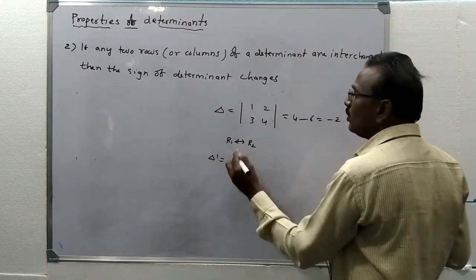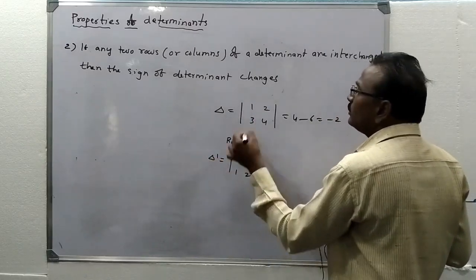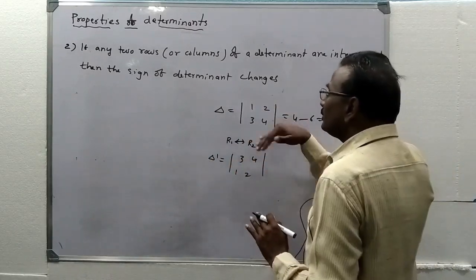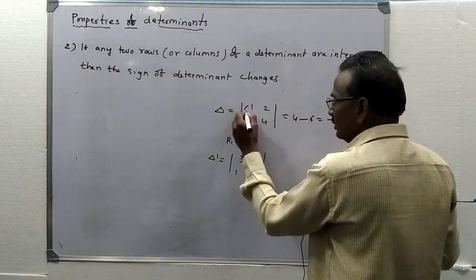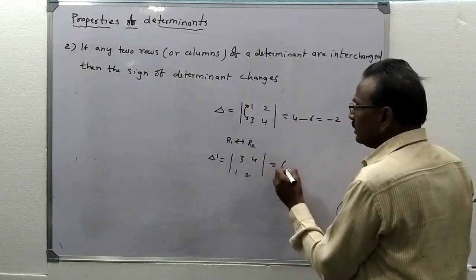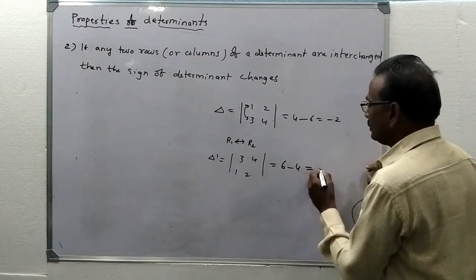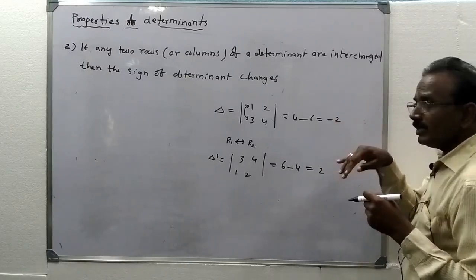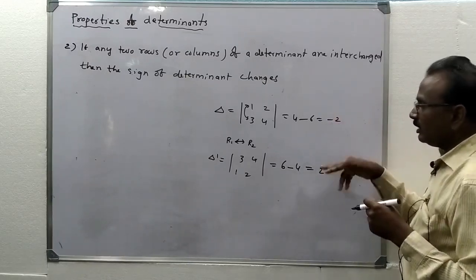That means only two rows are interchanged. Again we get 3 into 2 is 6 minus 4, the value is plus 2. The sign of determinant changes: minus 2 becomes plus 2. If it is minus, it becomes plus.